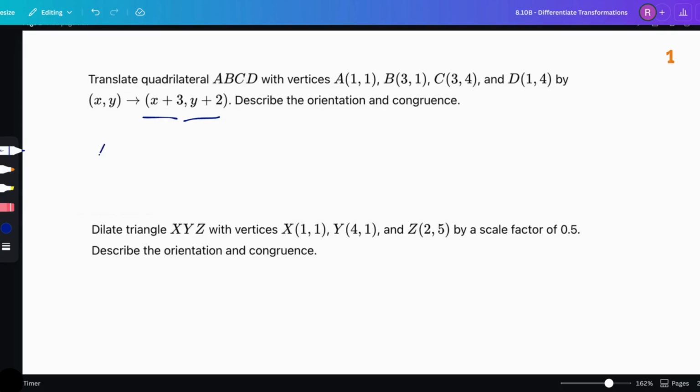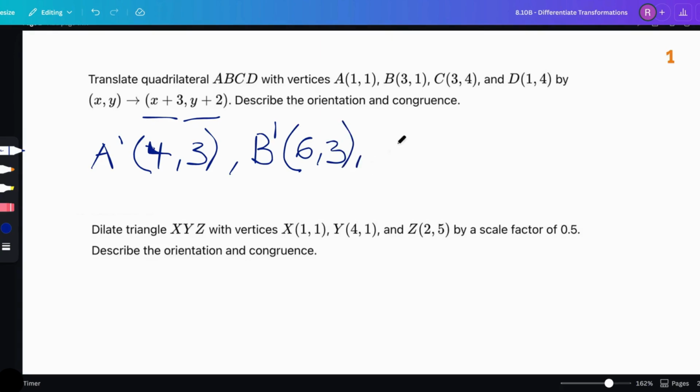A prime will become 1 plus 3, that will be 4, comma, y plus 2, that's 1 plus 2, that will be 3. Then B prime is 3 plus 3, that will be 6, comma, 1 plus 2, that will be 3. C prime is 3 plus 3, that will be 6, and 4 plus 2, that will be 6.